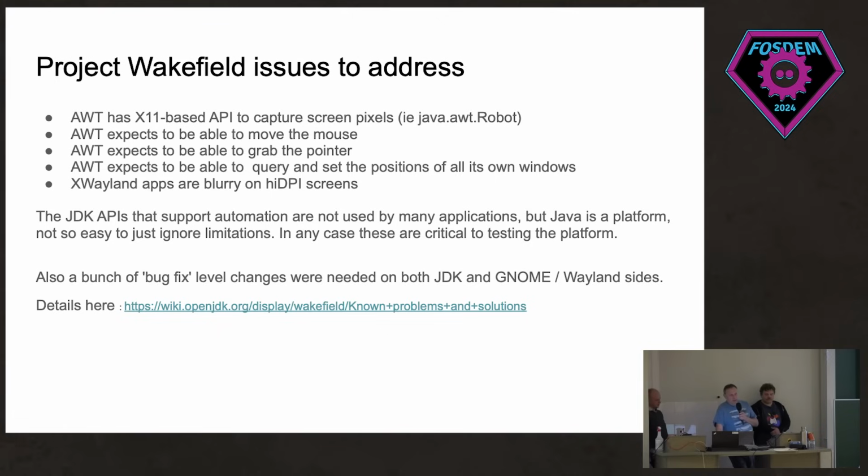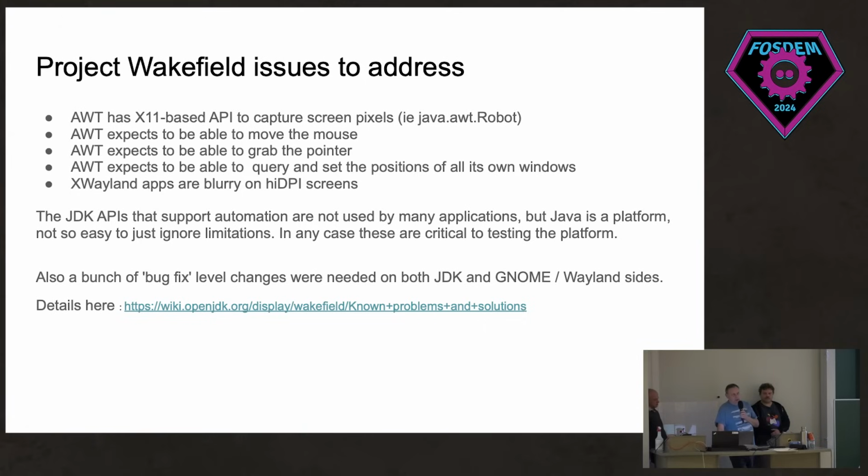Also, in the XWayland mode, the high DPI support is not complete. Some of those things that I described above sound like things that you'd only need maybe for a test framework, but these are actually part of our standard APIs, and not many applications use them, but we have to be able to support them.